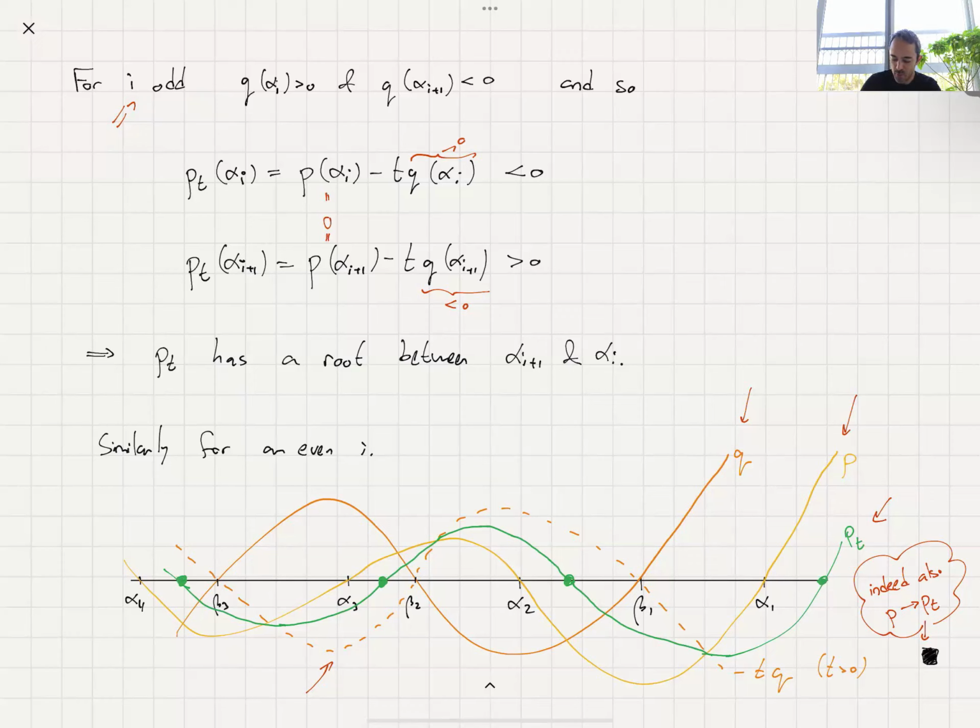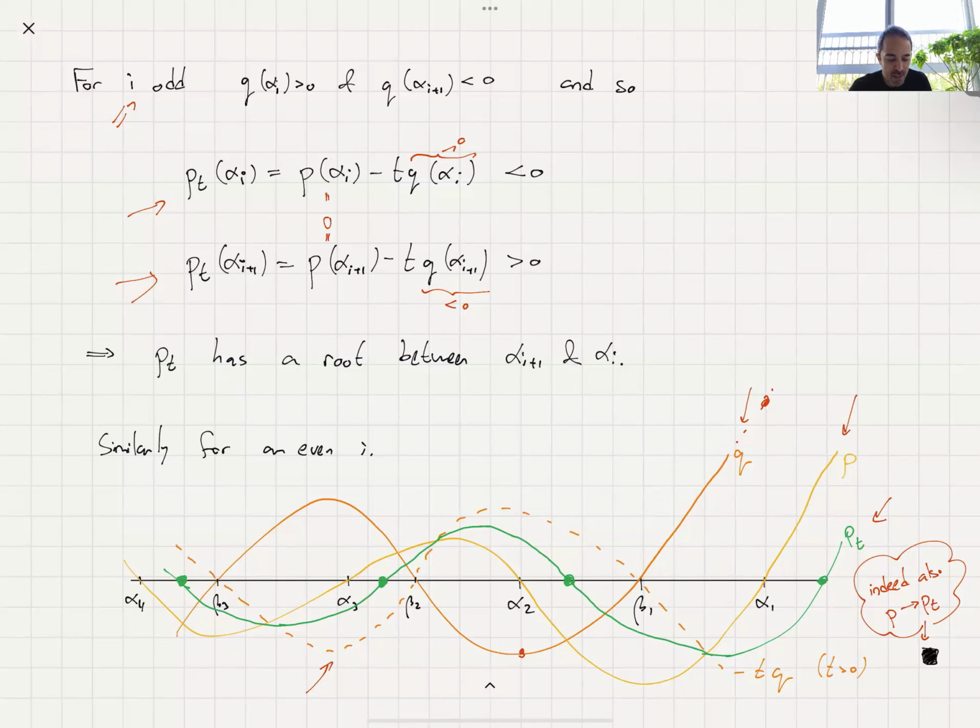Q at alpha 1 is going to be positive because of what we said earlier. And for the same reason, Q of alpha 2 is going to be negative, and so forth. And so this means that PT at alpha I and at alpha I plus 1 is negative and positive correspondingly.